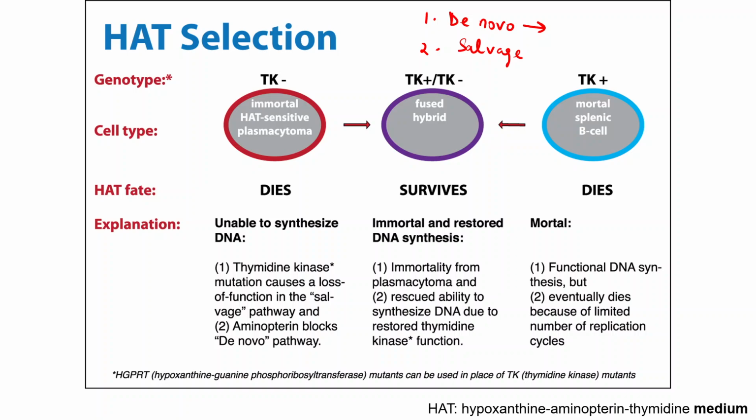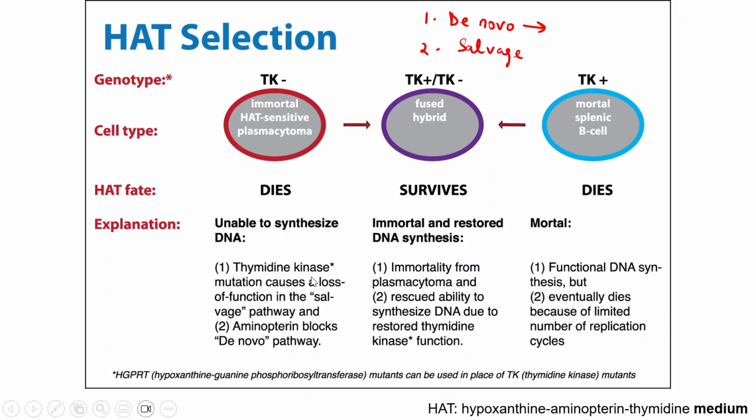And de novo means it is making something from scratch, something new. So now in the de novo pathway, if I add aminopterin, it is inhibiting that de novo pathway.